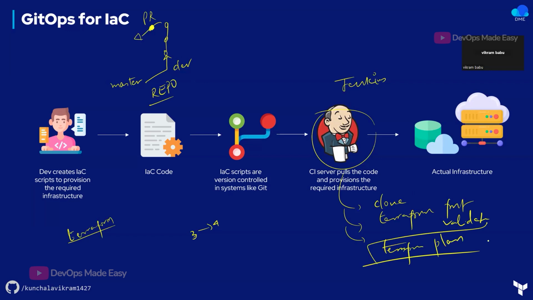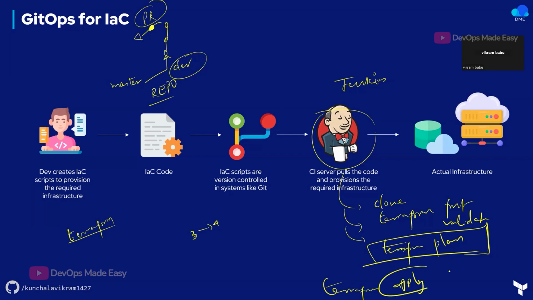Now by looking at the plan, I can understand whether the changes that are implemented are valid or not. Once I review this Terraform plan, I can approve this PR, and once the PR is approved, the Jenkins pipeline will be triggered again, and that will now do Terraform apply.